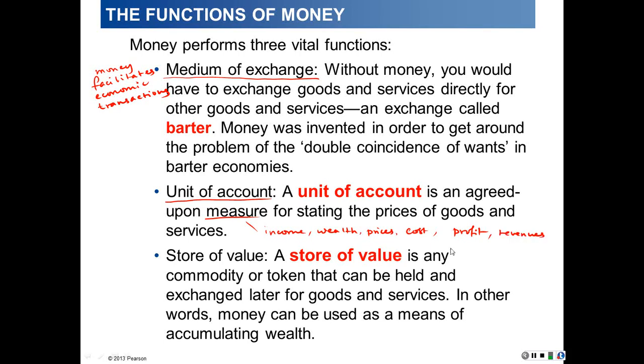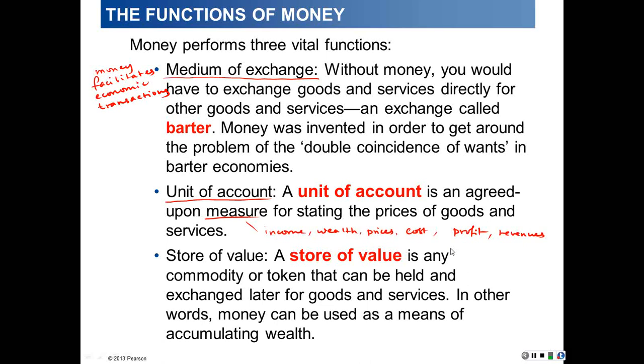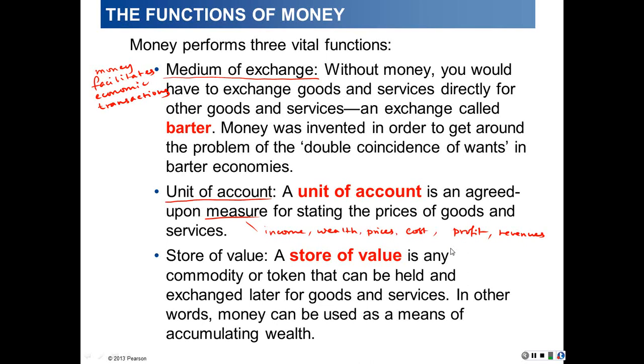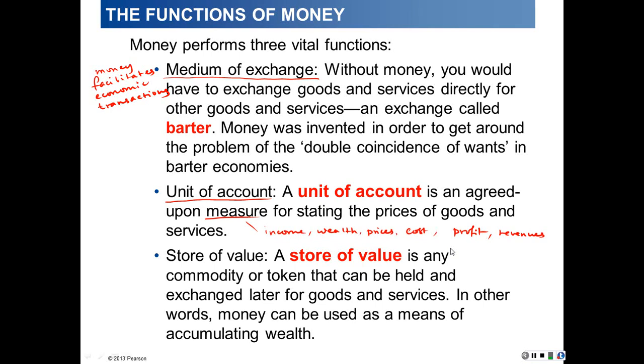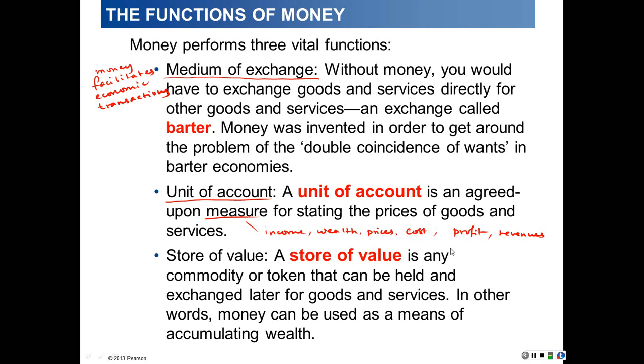All kinds of economic entities now are measured in the form of money. So just as we use degrees Celsius or degrees Fahrenheit to measure temperature, we use money to measure all of these economic financial entities. So that's money as a unit of account.